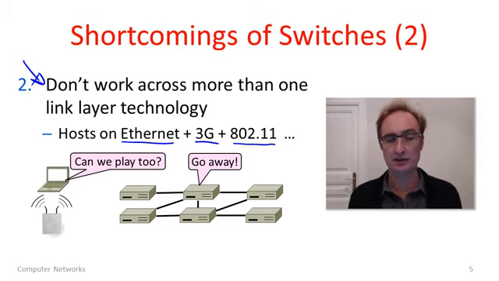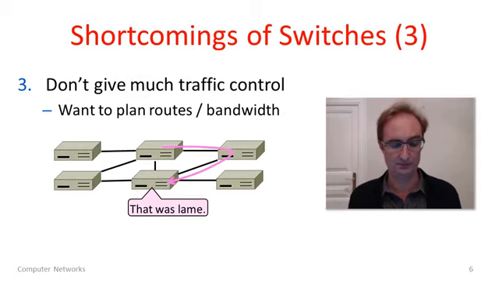They're different kinds of links from our point of view. We would like to be able to network them all together and send packets from, say, an 802.11 host through to a host on a wired Ethernet. But the switching approach we've seen so far doesn't really take this into account. It isn't equipped to join these different kinds of link layer technologies together.